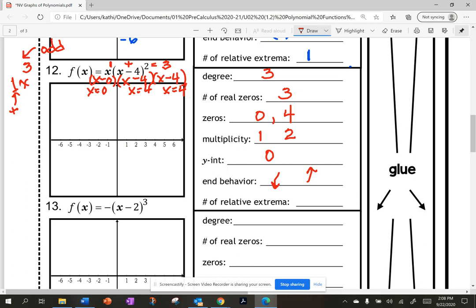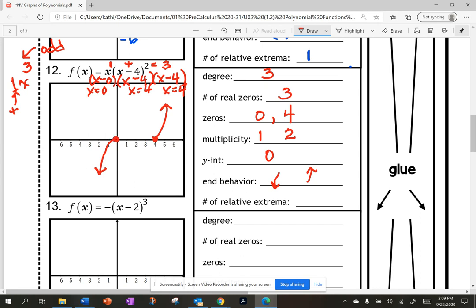So to graph, I put my zeros down. So I have a 0 at x equals 0 and a 0 at 4. Next, I'm going to put in my end behavior. I know I begin at negative infinity and I end at positive infinity. I know that my y-intercept is 0, so I already have that.